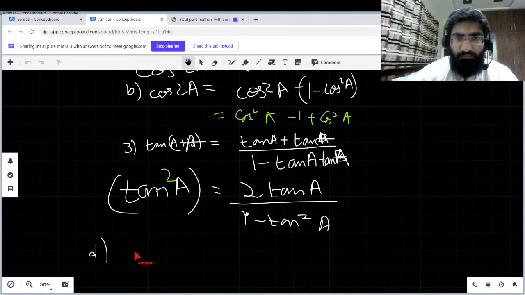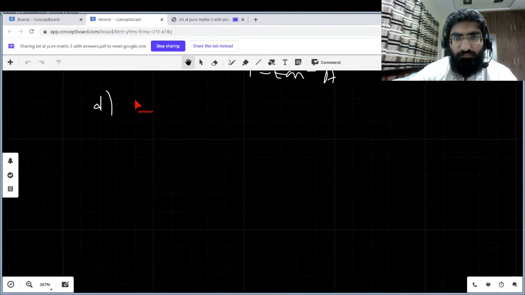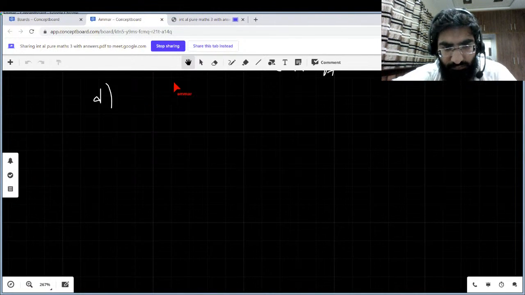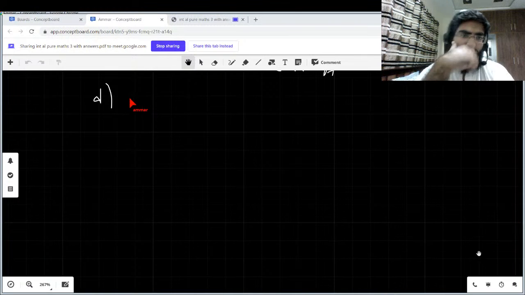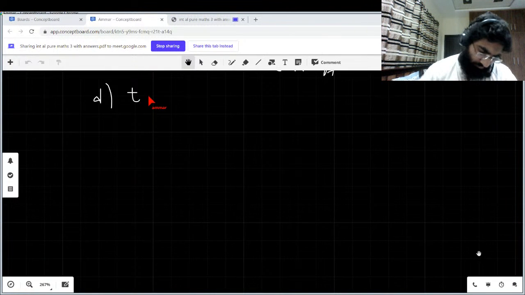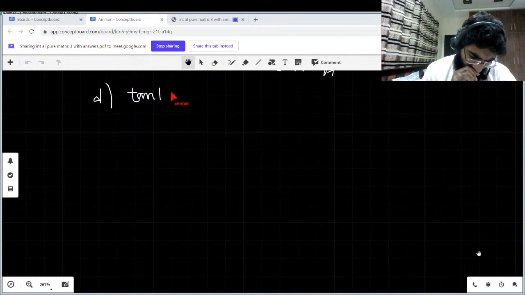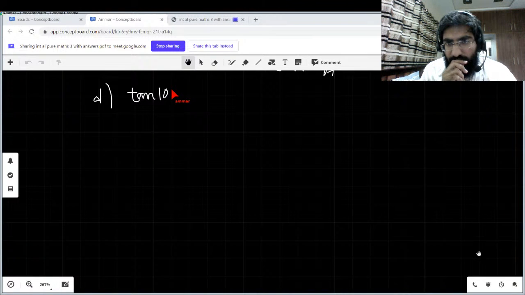This means that what I have to do... let me go up one second. Okay, I got what to do. Tan squared... okay, so the answer is tan 10. It would be tan 10.